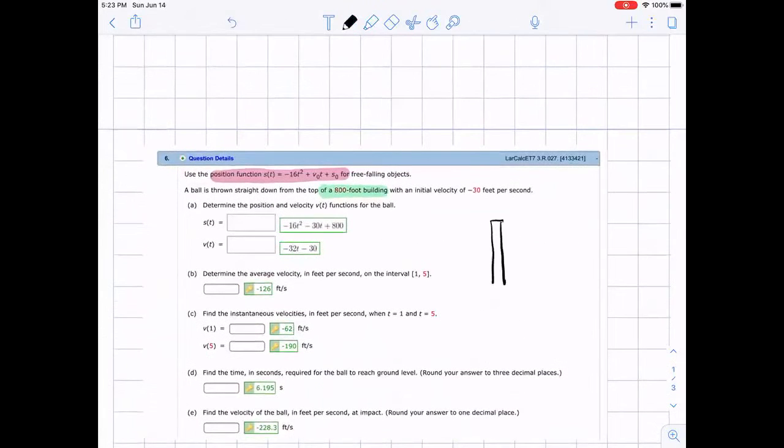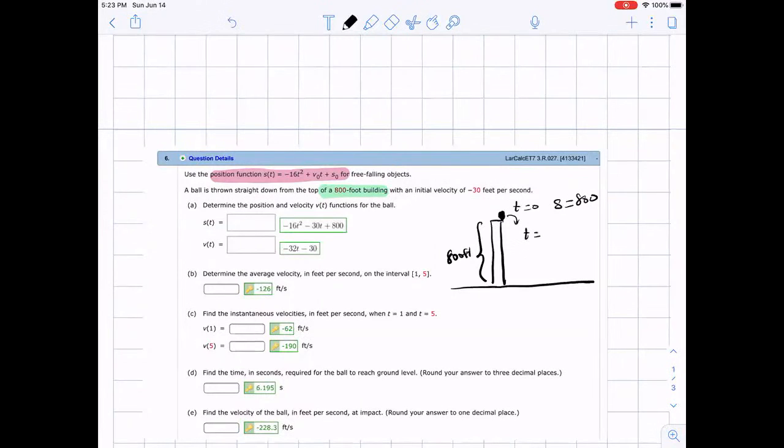Let's say this is the building, that's the street. This building's height is 800 feet. So you're over here. This is you. When you drop the ball at time 0, t is equal to 0. That ball, the distance s is equal to 800.